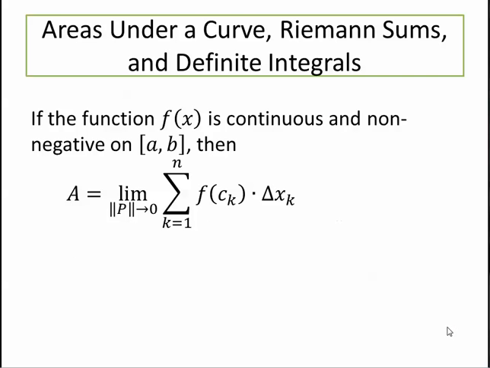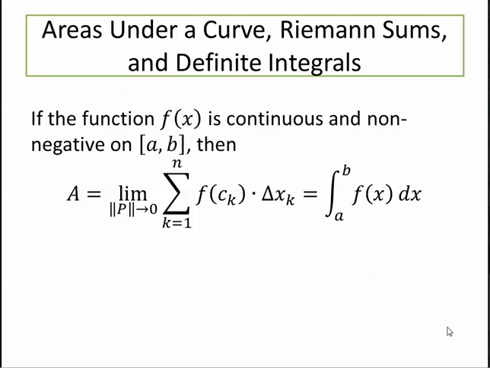All right, so let's continue talking about areas under curves, Riemann sums, and definite integrals. So we've already seen that if I have a function f and it's continuous and non-negative on the interval a, b, then my area is given by this formula.